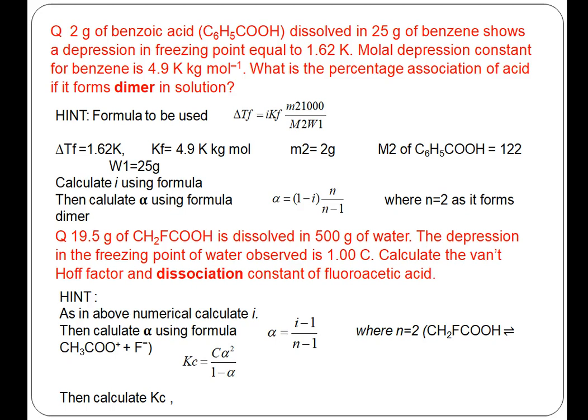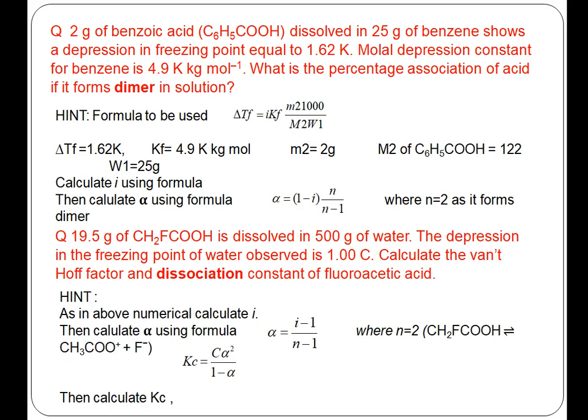Another numerical is: 19.5 gram of fluoroacetic acid is dissolved in 500 gram of water. The depression in freezing point of water is given. You are to calculate the Van't Hoff factor and dissociation constant. The formula used is the same as in the above numerical.